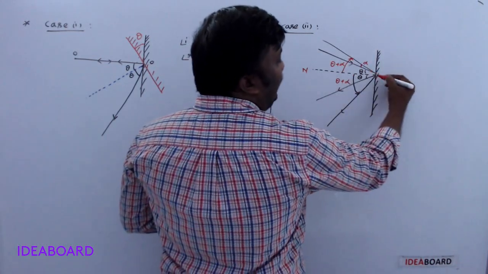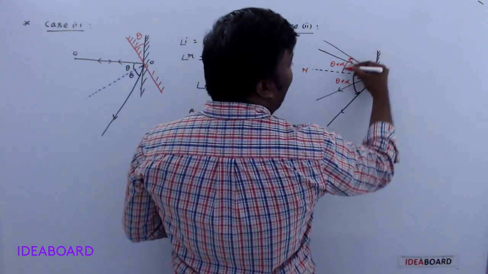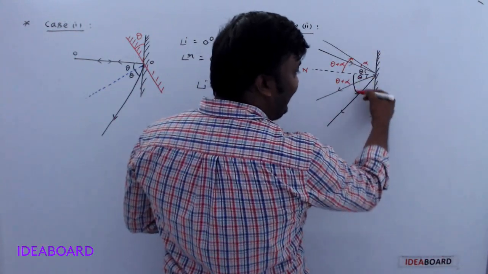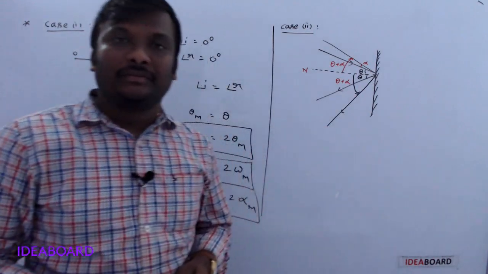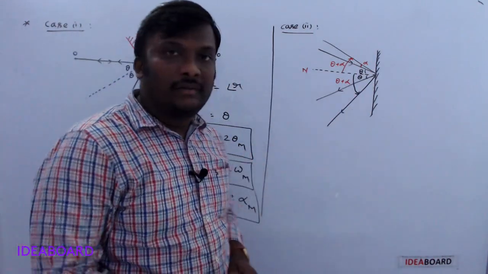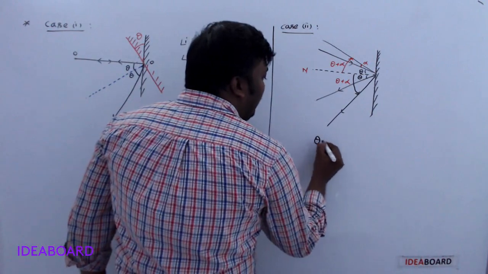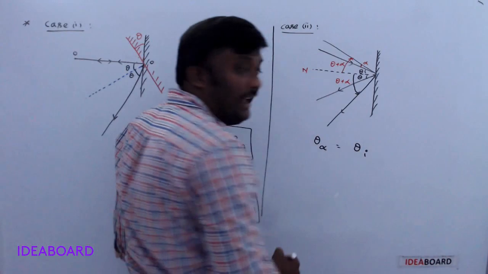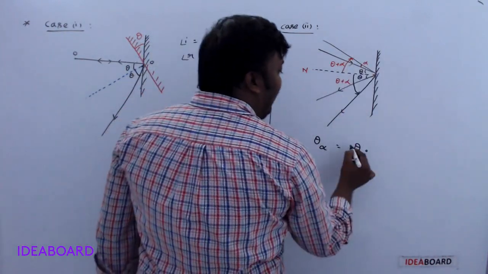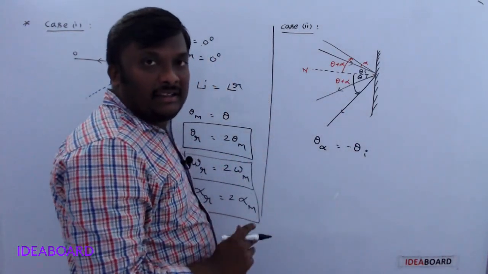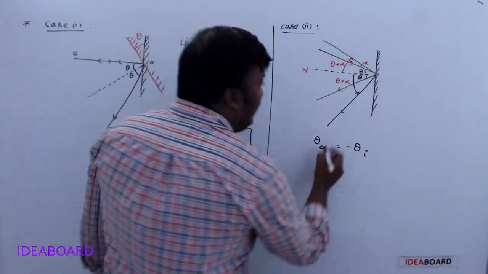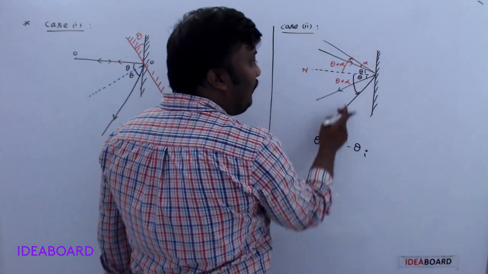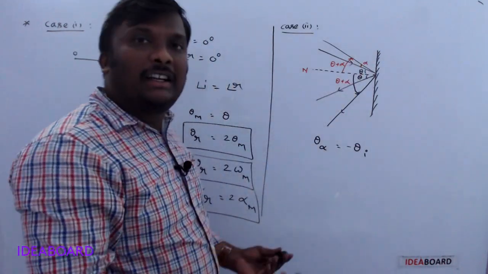Observe here, the angle made by the incident ray is in the clockwise direction, but the reflected angle is in the anti-clockwise direction. That is the only important thing here. Theta r is always equal to theta i, but in the negative sense, in the opposite sense. If the angle is theta plus alpha, the new reflected angle is also theta plus alpha.